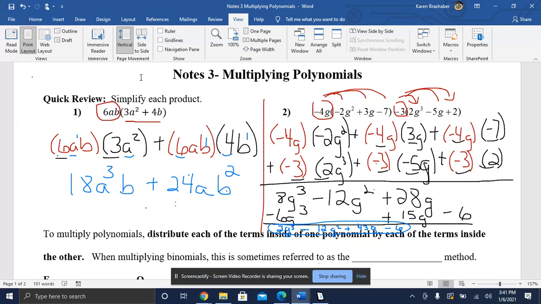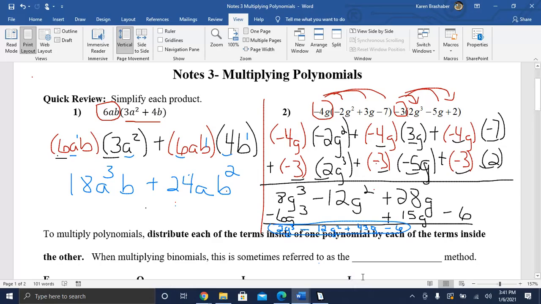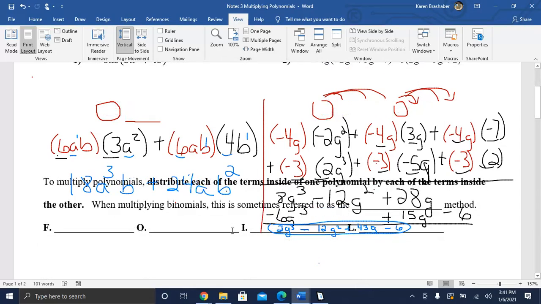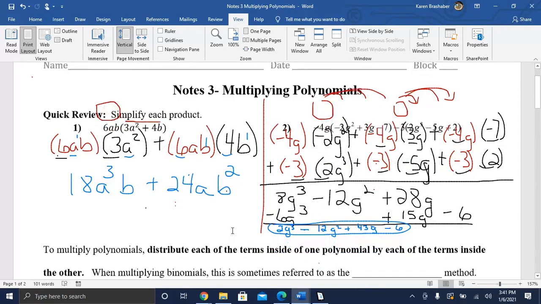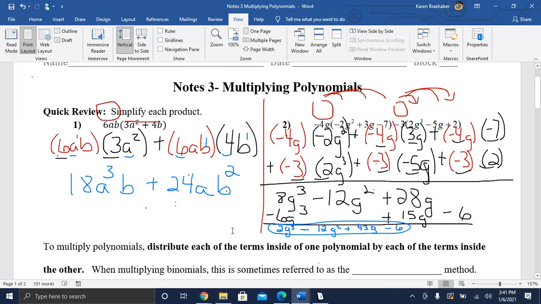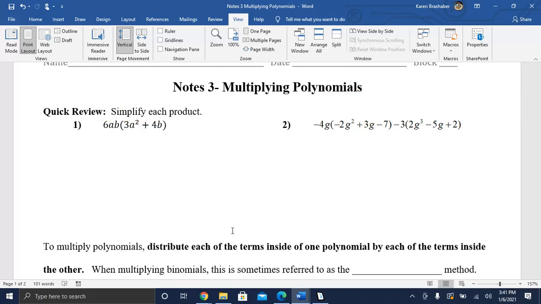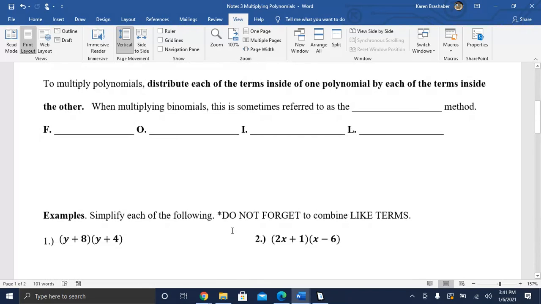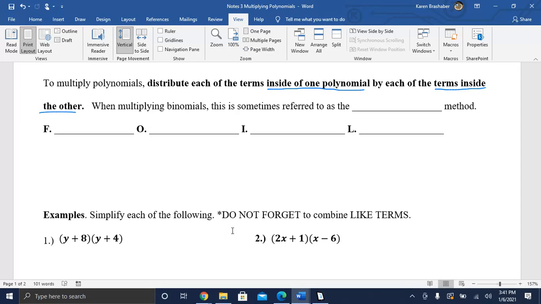Okay, so to take this to what we're going to be doing today, we're going to be multiplying polynomials by distributing and follow a very similar pattern to what we did with these examples. Distributing each term of the inside of one polynomial by each term inside the other.